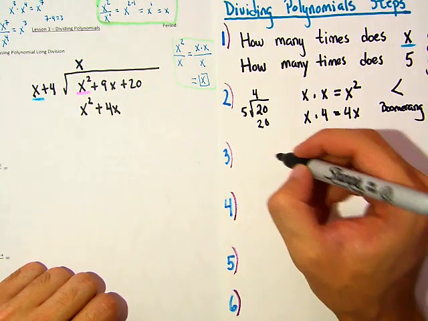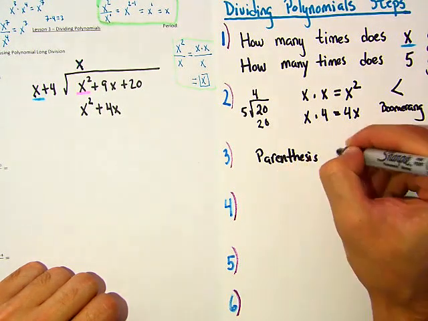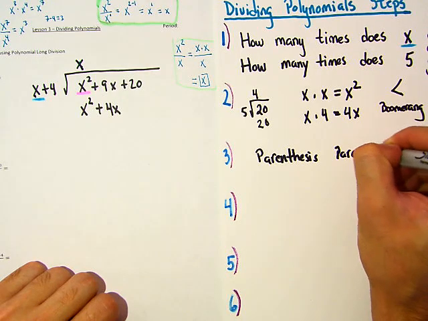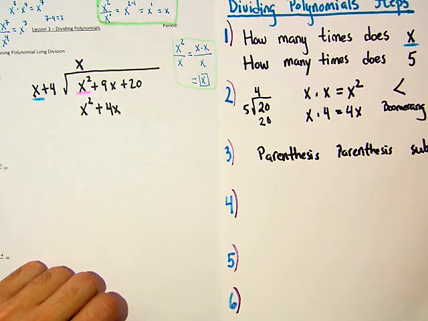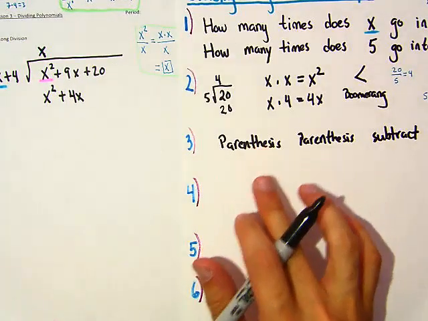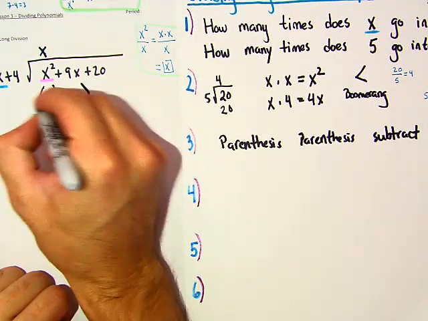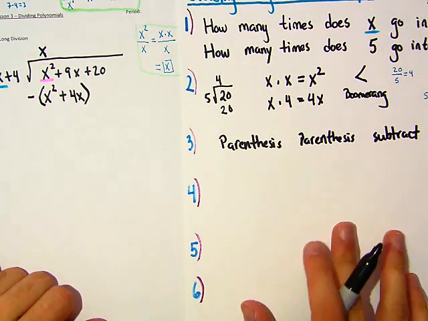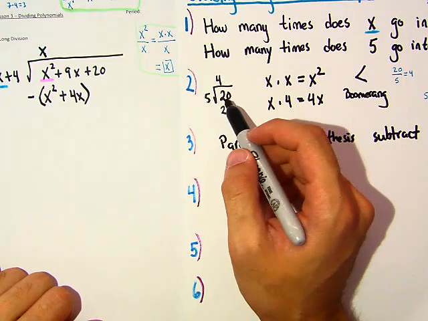Step 3, we're going to say parentheses, parentheses, and subtract. Okay? Parentheses, parentheses, subtract. So just watch over here. I say parentheses, parentheses, subtract. Okay? And don't you remember back in the day when you were dividing, right?